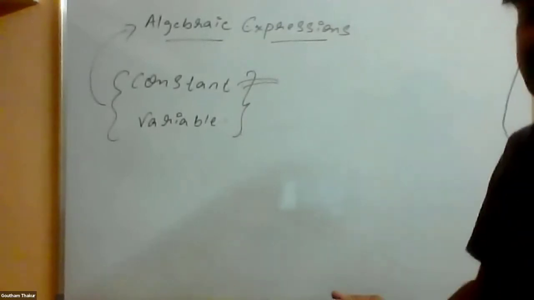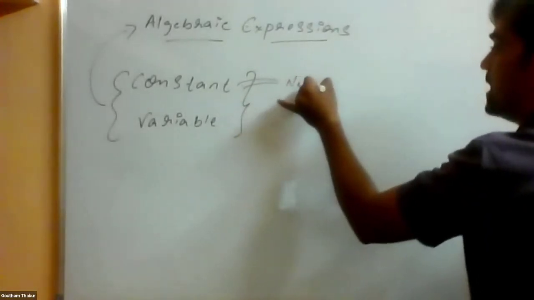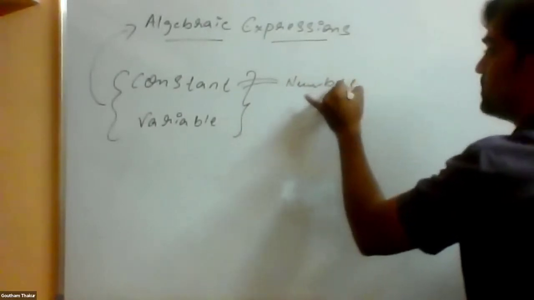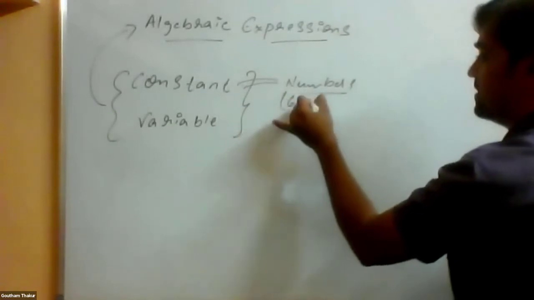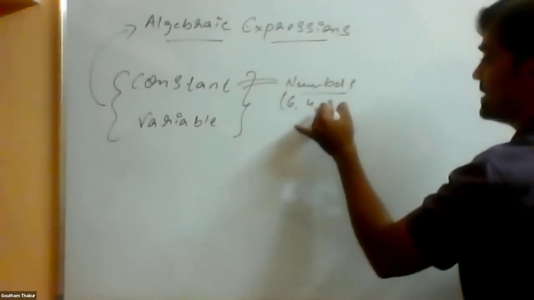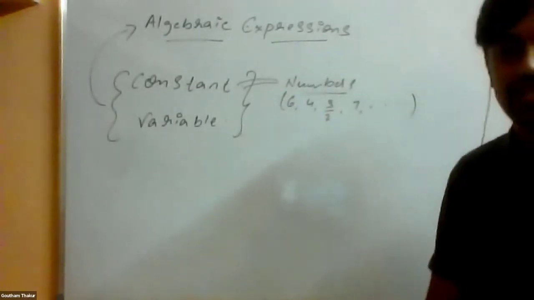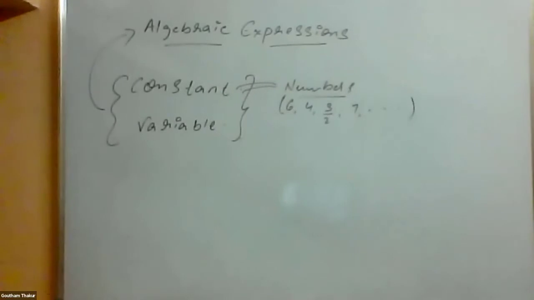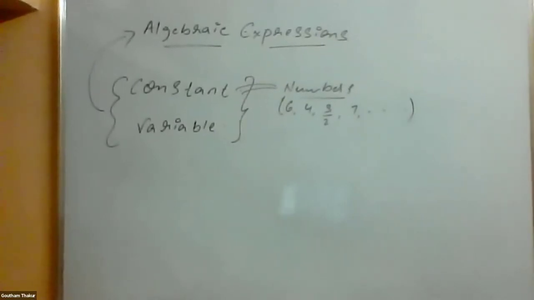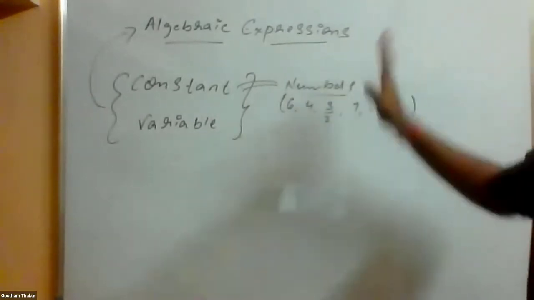The value is fixed. For example, numbers like 6, 4, 3 by 2, 7 and so on. All these are constant terms. Can we make 6 into 4, or 3 by 2 into some other value? No. Constants are numbers which are fixed values.